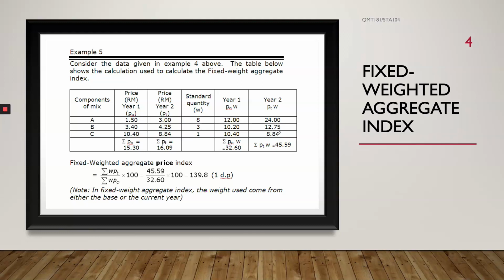And for 8.84 here, it is 1 times RM8.84. So you total up this column for weightage times price at the base year, and then you find the summation of price at the current year times weightage. Once you have found this information for both columns, you substitute it in this formula. Always give your index number to a decimal point.